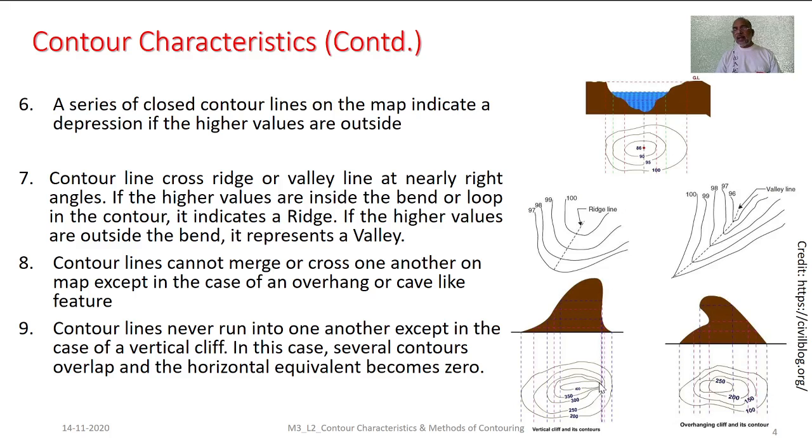But in the vertical plane, they will attain the same position. So here, though these contours are overlapping at this point, they are indicating different positions in the vertical plane. So here these will be indicating a cliff-like feature.